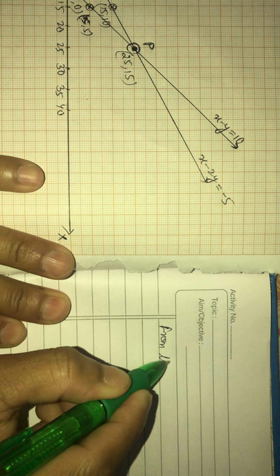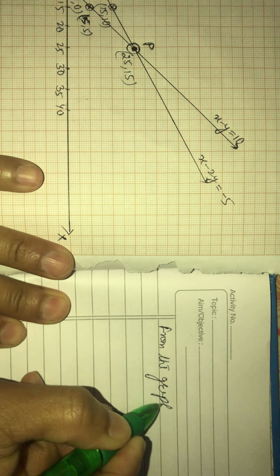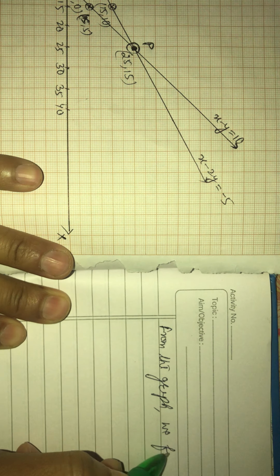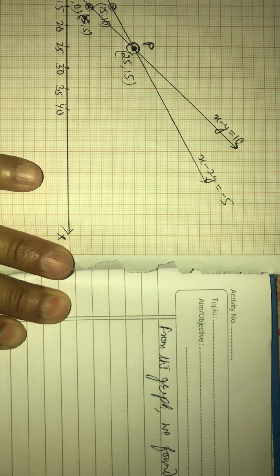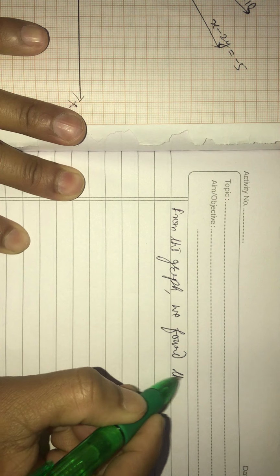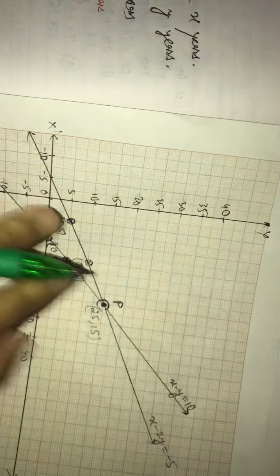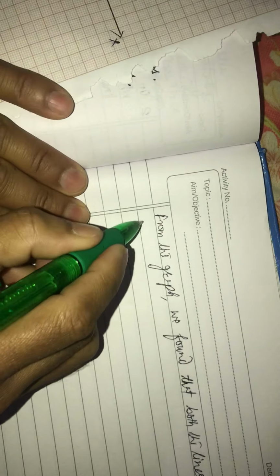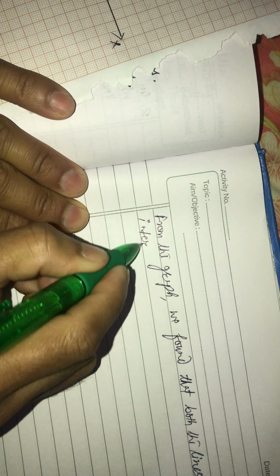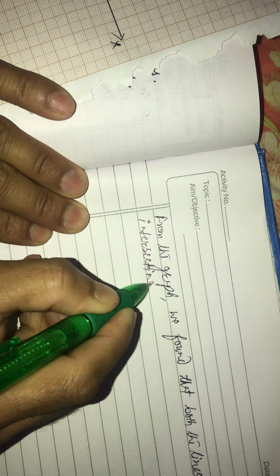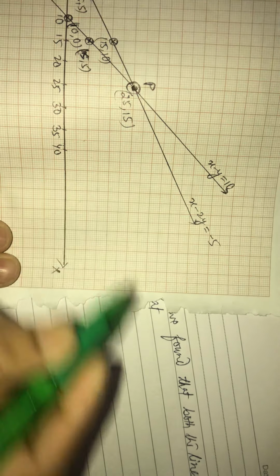From the graph, we found that both the lines, I'm talking about the graph, are intersecting at, what was the point?